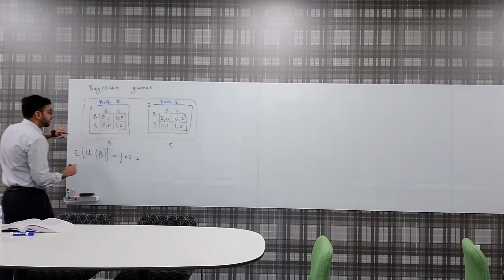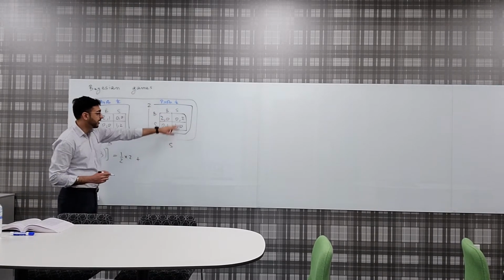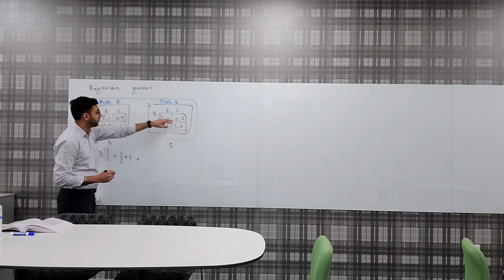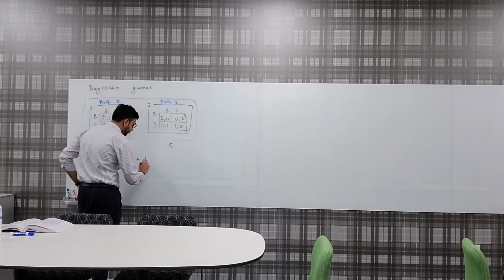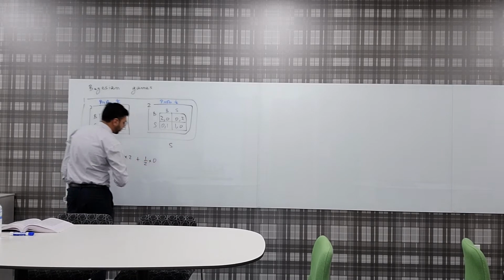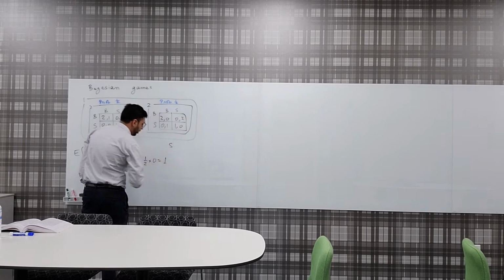Plus, with a probability 1/2 within this state of the world, where player 2 is going to be playing S, and if player 1 plays B there, then player 1 gets 0. And so that is just 1.